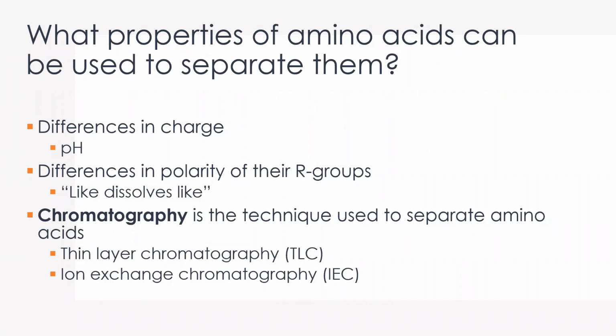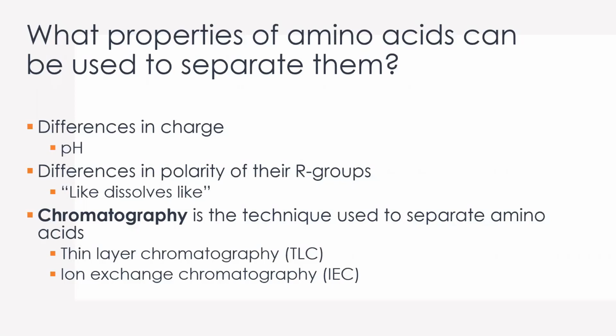a mixture. We can exploit two characteristics of amino acids in our efforts to separate them from each other: differences in charge and differences in polarity of their R groups.